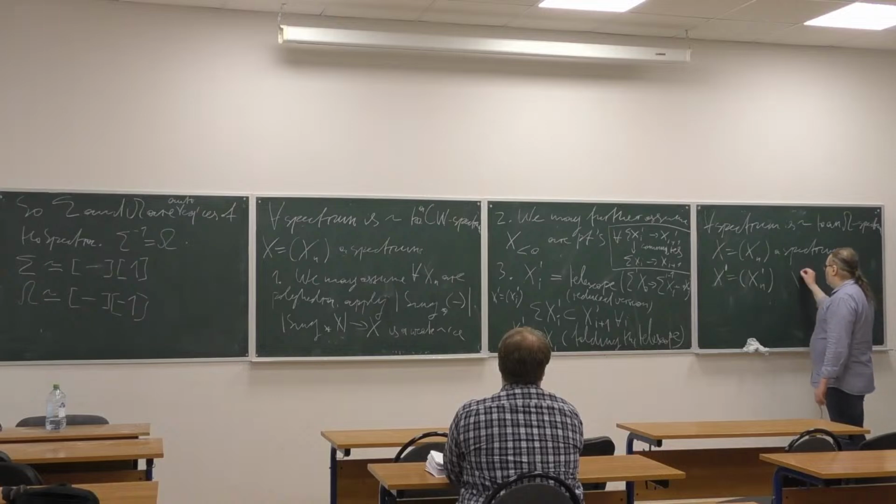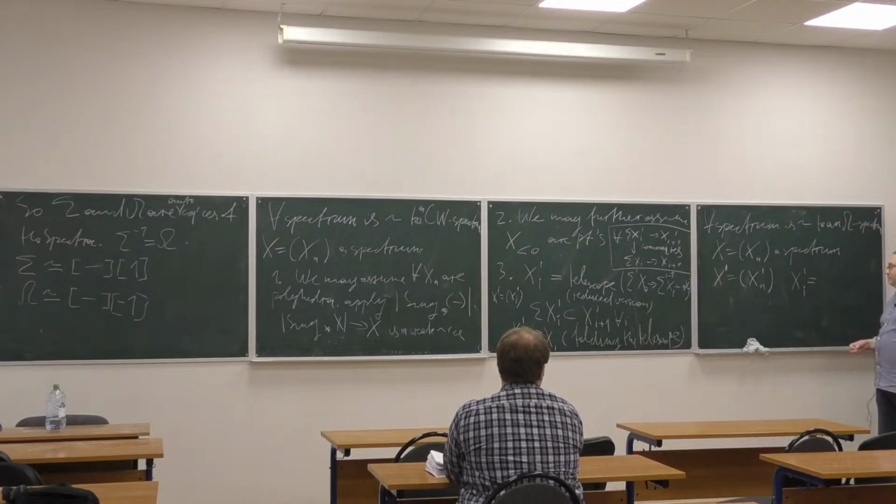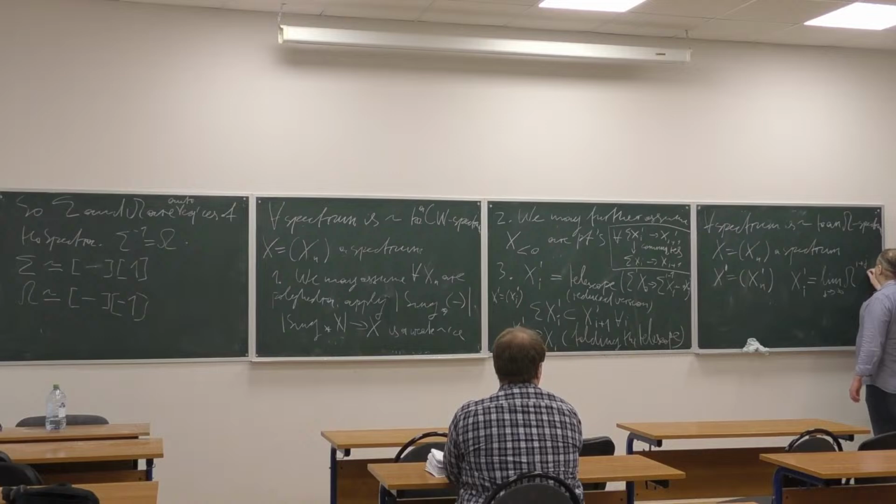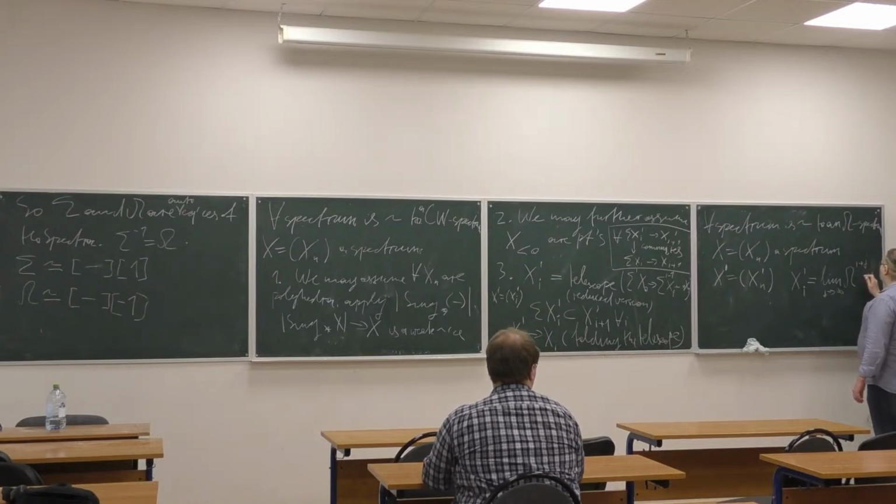Well, I take the limit of Omega^j X_{i+j}. What happens here?